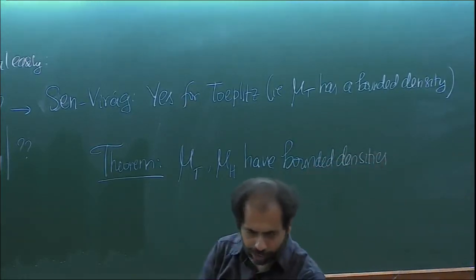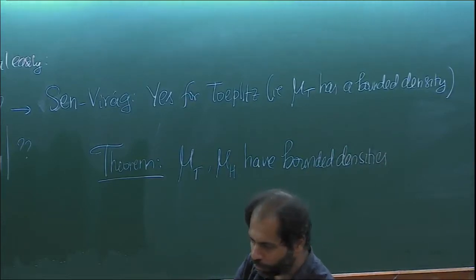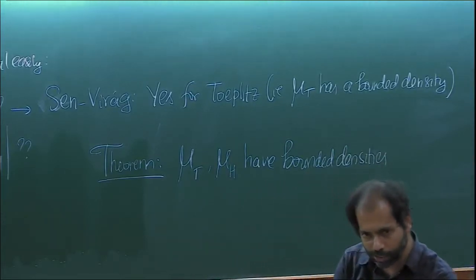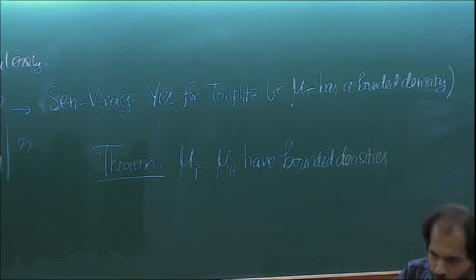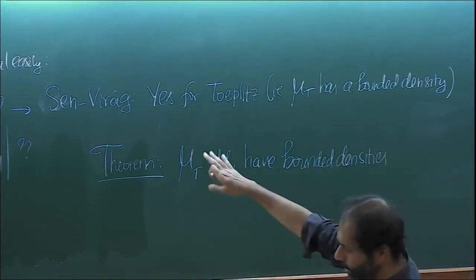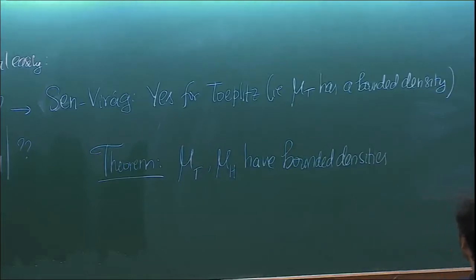That's exactly the way we will go, but not with the Fourier transform. That is not so suitable in random matrix theory, but there is a different integral transform, like the Fourier transform, which we will use. This is also what Sen and Vivek use. This is what is called the Stieltjes transform. First I will give the basic thing that we have to prove, and then tell what we have done.